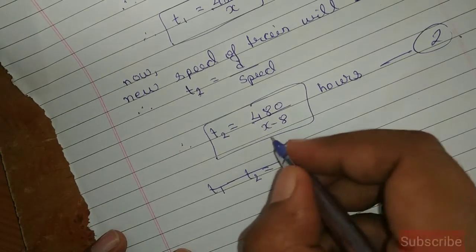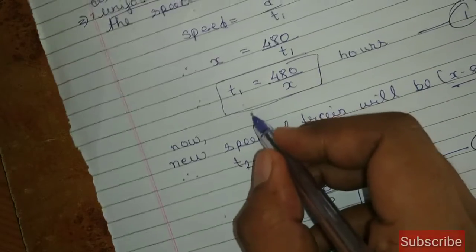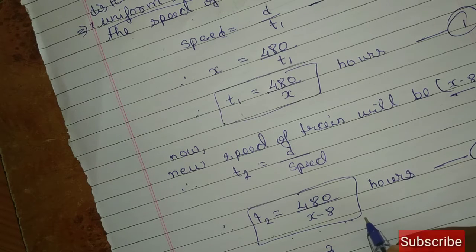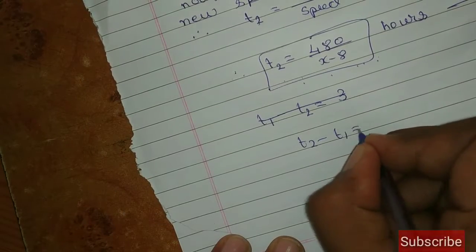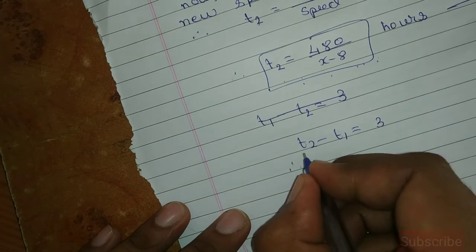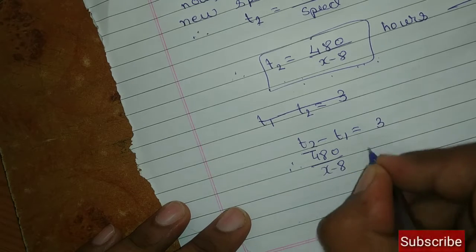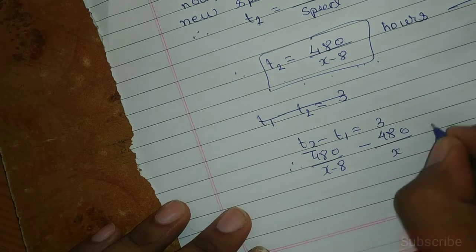So we are having two times, T2 and T1. Since this time is larger because it is taking 3 hours more to complete the same distance, that is 480, we will have T2 minus T1 equals 3. Therefore 480 upon x minus 8 minus 480 upon x equals 3.